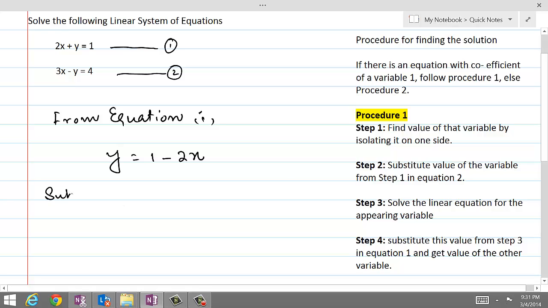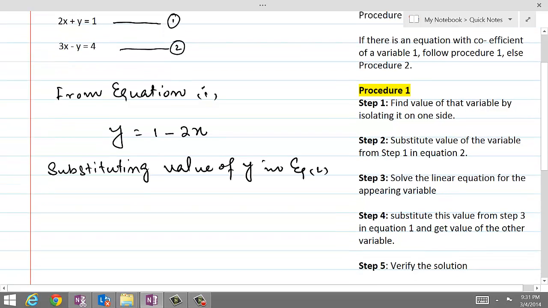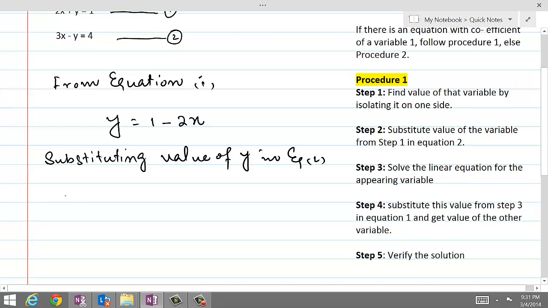Substituting this value of y in equation 2, this will become 3x minus, instead of y we just use brackets and put 1 minus 2x, is equal to 4.